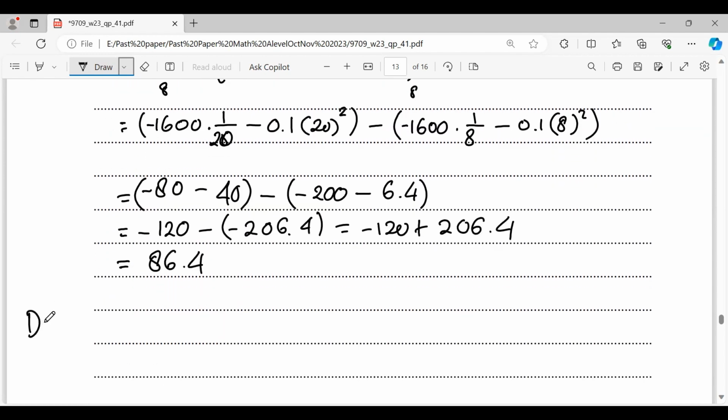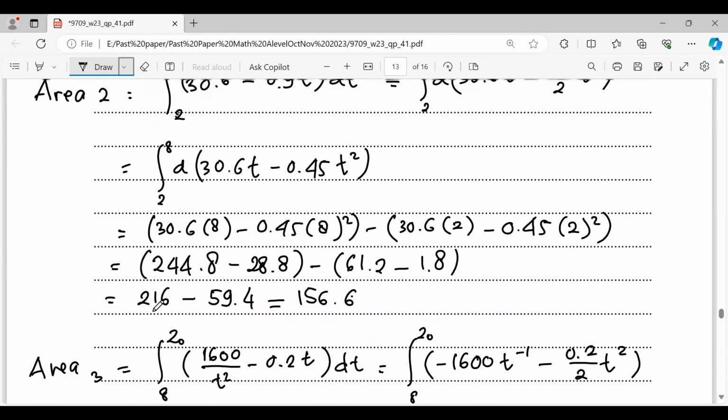So the distance is the accumulation of all areas.